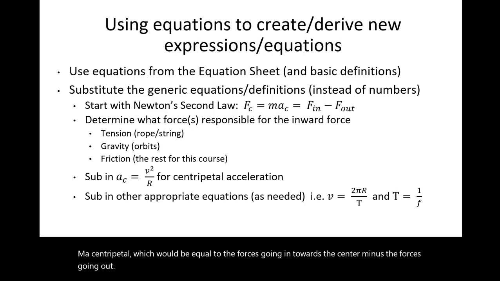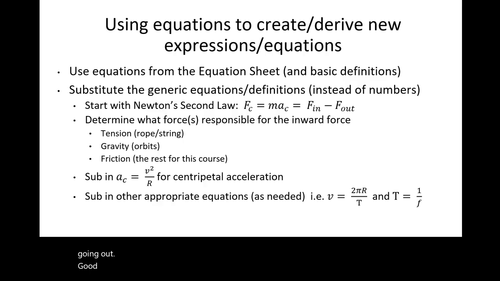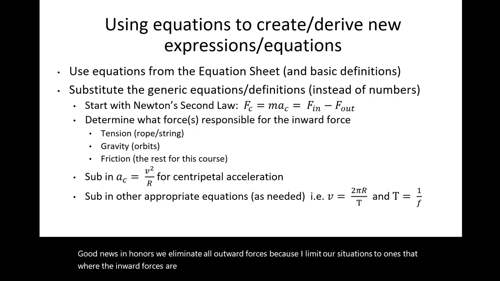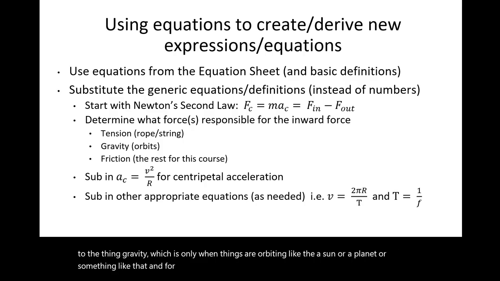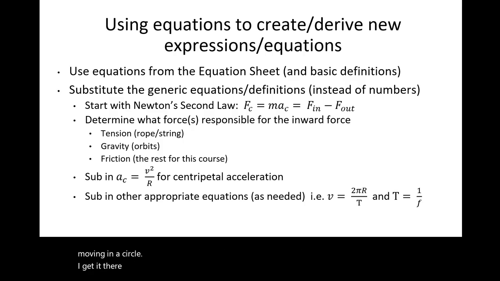Good news, in honors, we eliminate all outward forces because I limit our situations to ones where the inward forces are only being caused by tensions, which means there's a rope attached to the thing. Gravity, which is only when things are orbiting, like a sun or a planet or something like that. And for everything else in our class, it's going to be friction is the reason that things are moving in a circle.